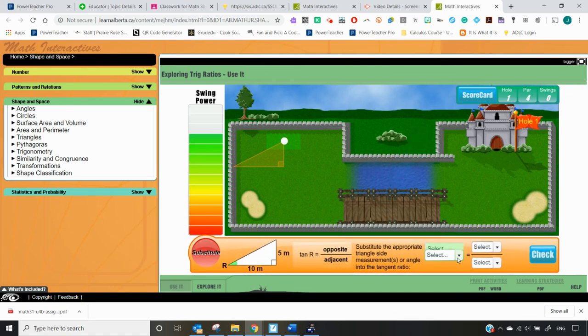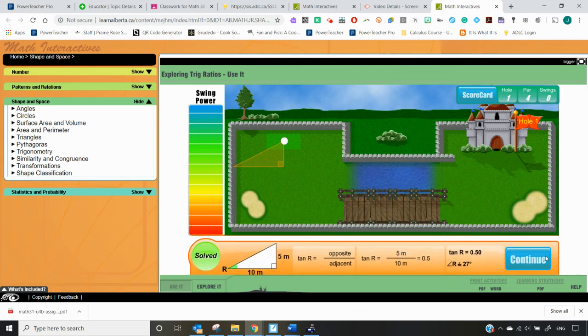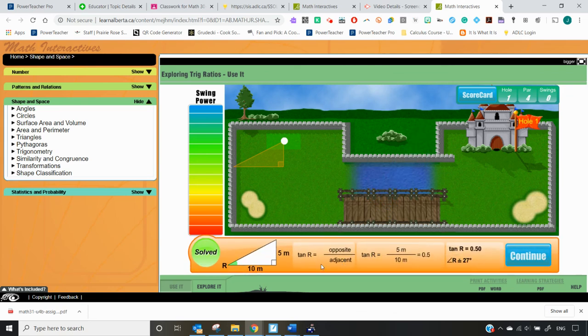If we are using tan, then we're going to have tan of the angle, so tan of R, and opposite is 5 meters, adjacent is 10 meters. Now, if you made a mistake, they would actually correct it for you and show you what the proper step would have been. And then the computer actually does the calculation for you. So if I want to figure out this angle, it would be inverse of 5 over 10, or inverse tan of 0.5, which is 27 degrees.